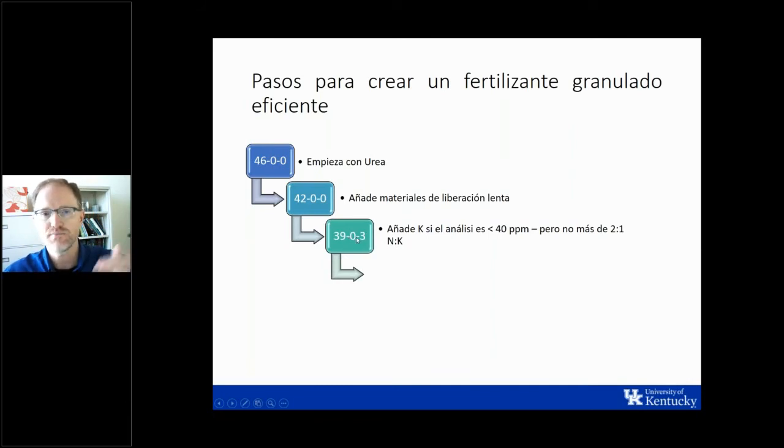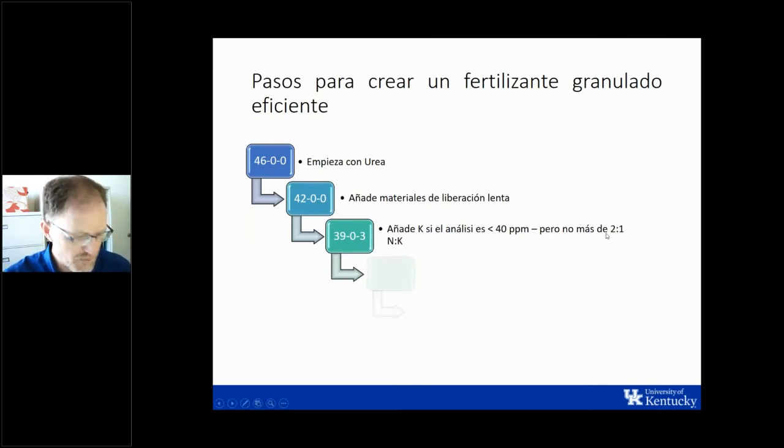Apply it, soil test again next year, see the turf response. If the soil test is where you want it to be, great, leave it alone. If it's not where you want it to be, then you can continue to increase the potassium a little bit more each blend until you see the soil test and your turf level off to where you want it to be. So add in the potassium if it's less than 40, no more than a 2 to 1 N to K.